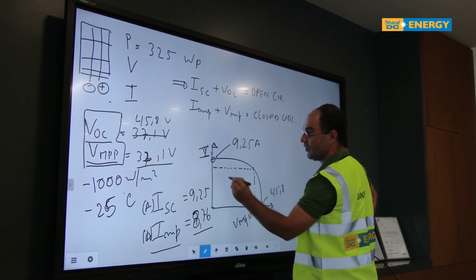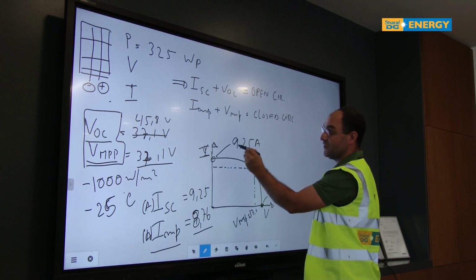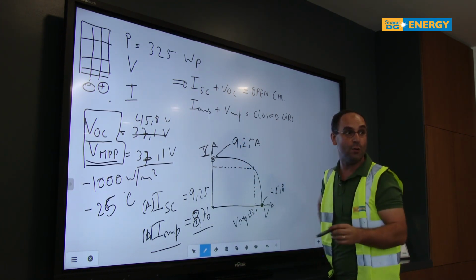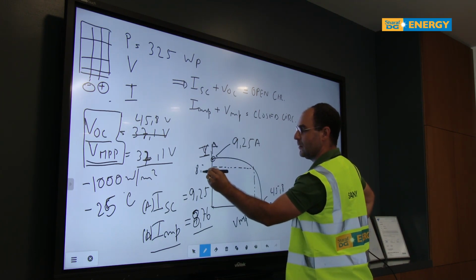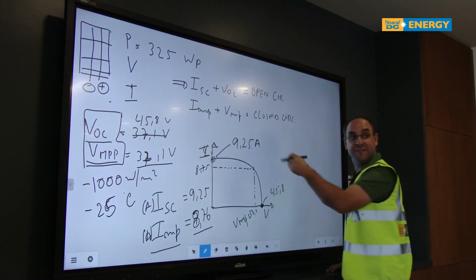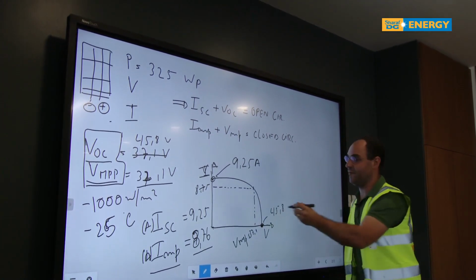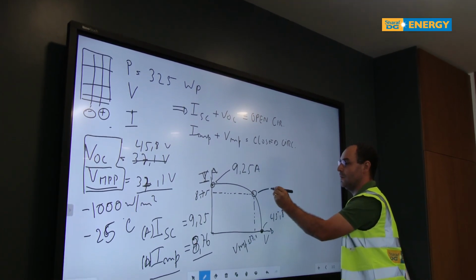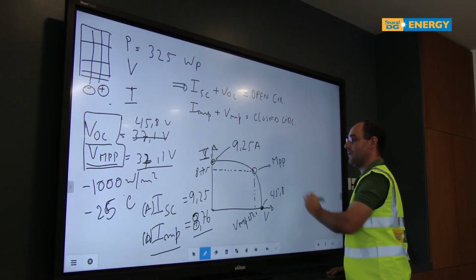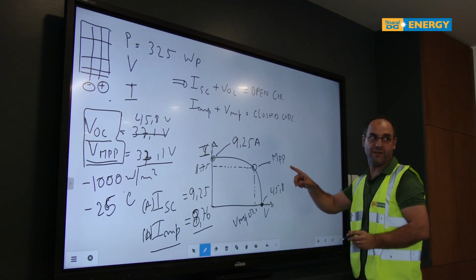If we do the same logical exercise, if 925 is here, 876 should be below. All right? So, we have identified another point in our graph, which we call MPP, maximum power point.